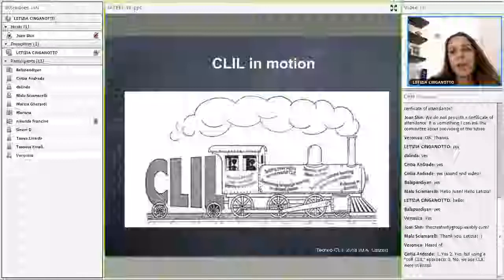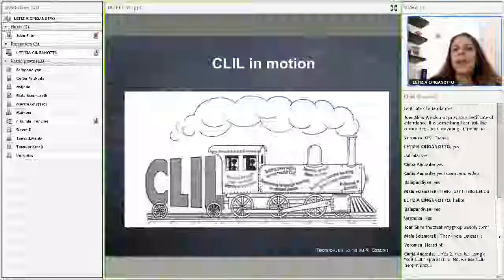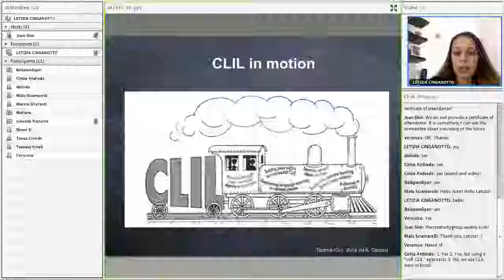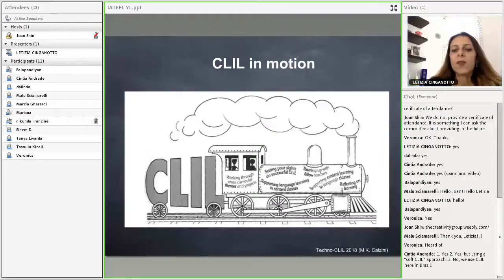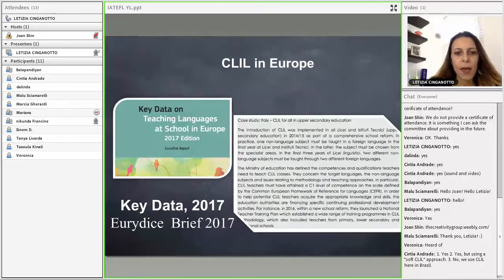But one of the main strengths of CLIL in Italy, and that we are recommending, is the team CLIL. So the cooperation between the language teacher and the subject teachers, because in this way we have synergies, we have an exchange of expertise, of background, experiences, and of course it will be a success if language teacher and subject teacher can cooperate in an effective way.